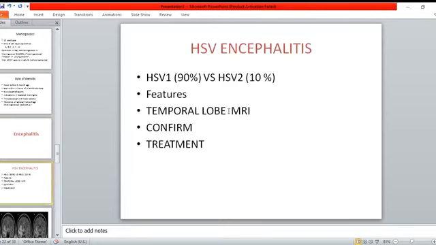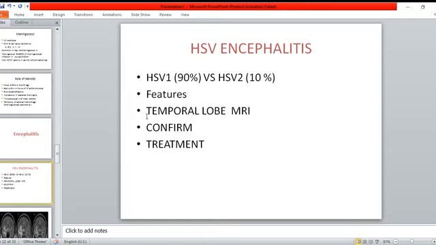Herpes simplex is by far the most common encephalitis seen in the exam. The most common cause is herpes simplex virus type 1, 90% of cases, less likely herpes simplex virus type 2.